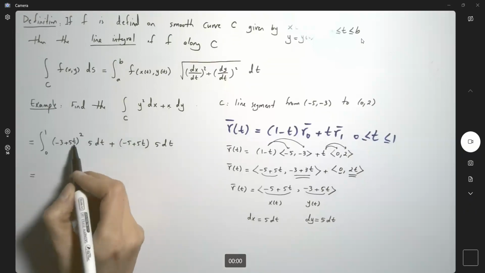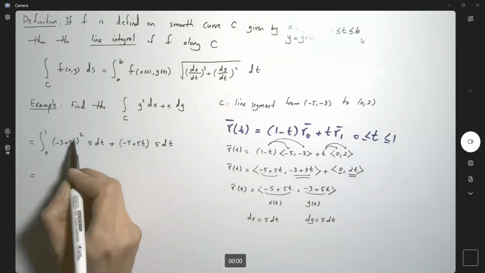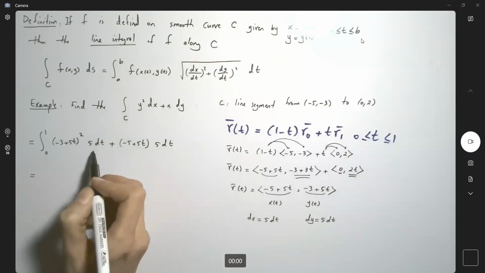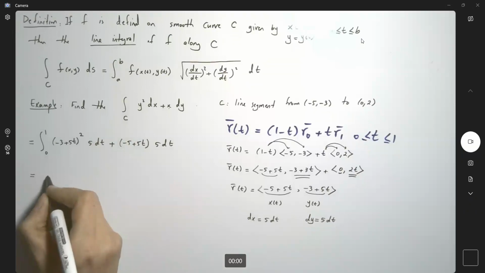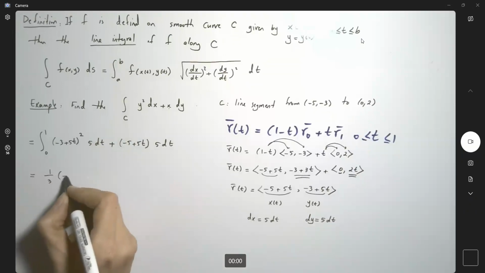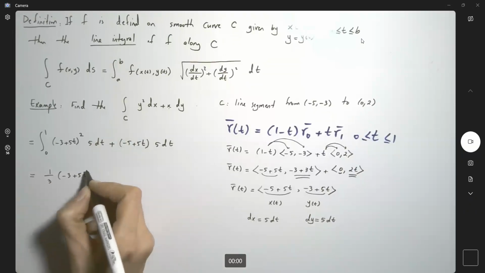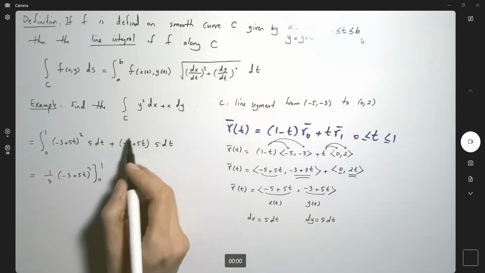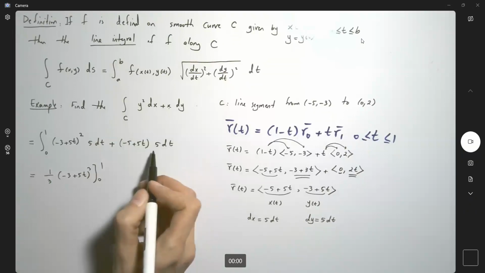If you use u to be -3 plus 5t, du is 5 dt. So this becomes a third, -3 plus 5t to the third, 0 to 1. The same here. If you take this as your u, du is 5 dt.